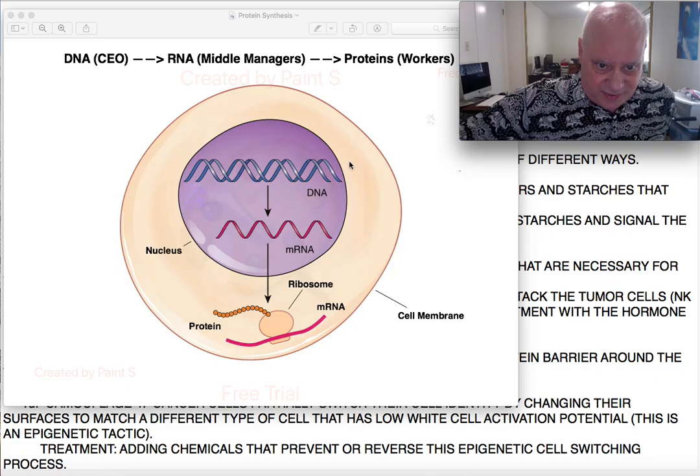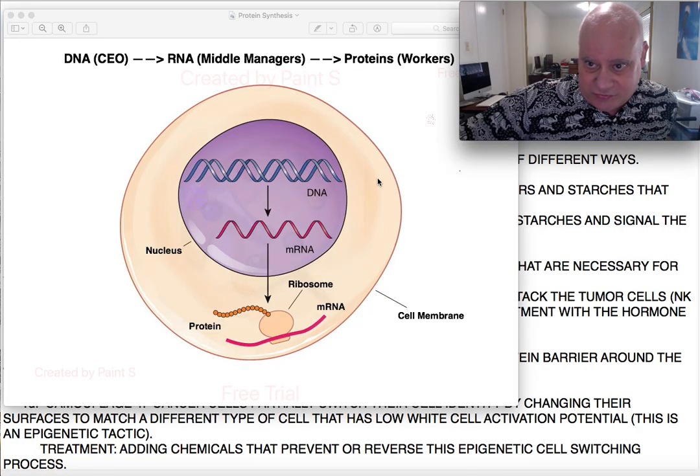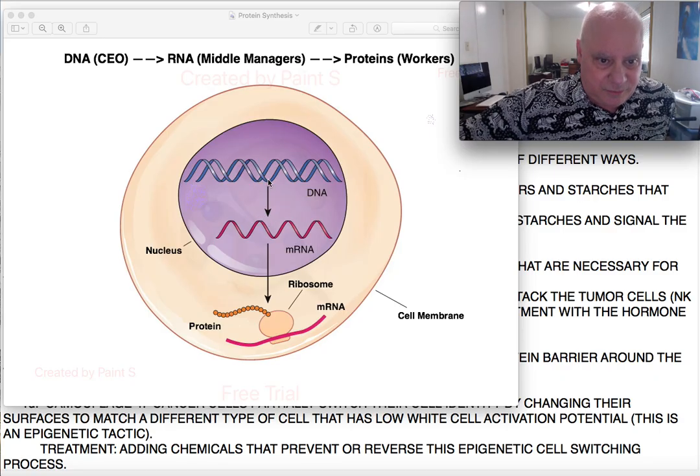RNA is sort of a cousin of DNA, but it takes out the DNA instructions one instruction at a time. So the DNA has thousands of instructions for making thousands of different proteins. The mRNA just contains the instructions for making one particular protein and brings it out from the nucleus to the ribosome, where the mRNA information is turned into a protein.